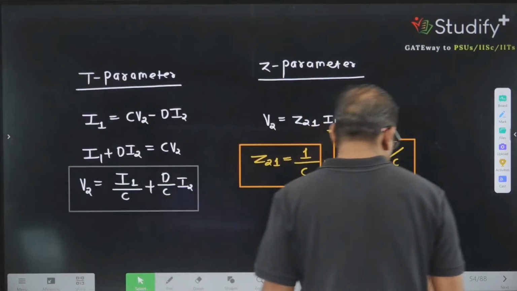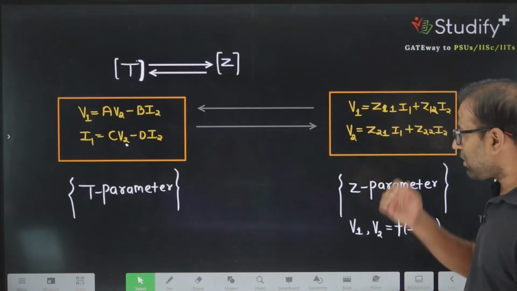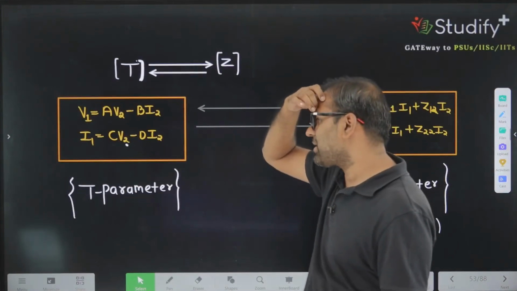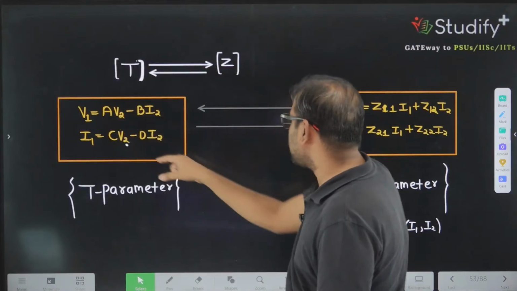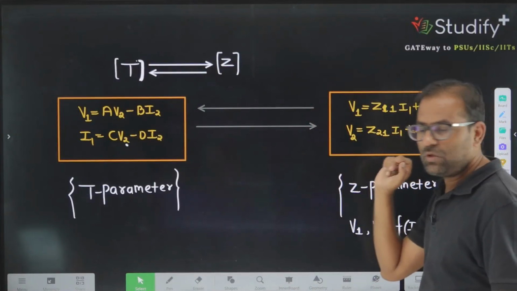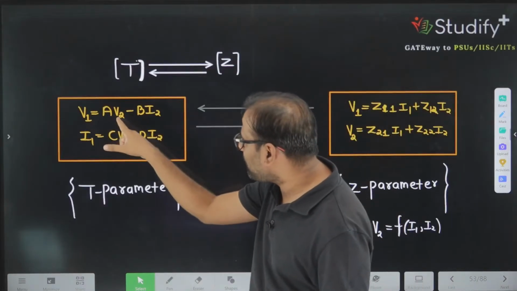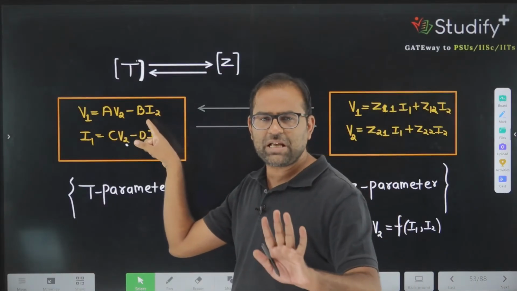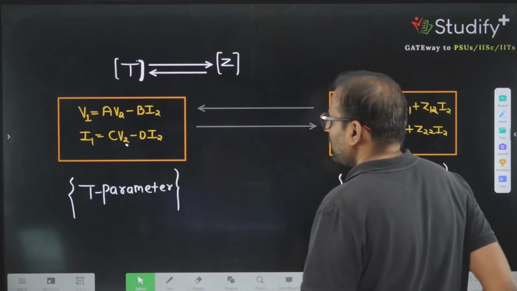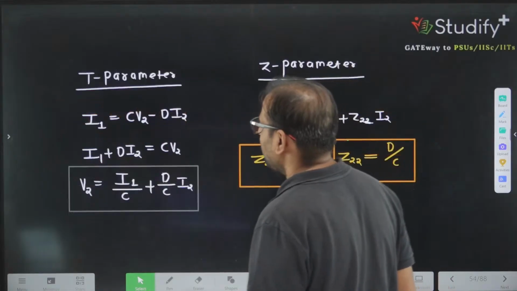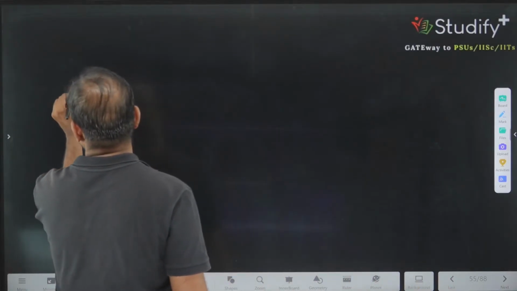Next we want the relationship between what? Next we have one more equation, and what is that equation? We have V1. But I want V1 as a function of I1 and I2. Here we have V1 as a function of V2 and I2. I2 is desired, but V2 is not desired. So let's replace it. When we go to the next page, from the T parameter I am writing the equation.